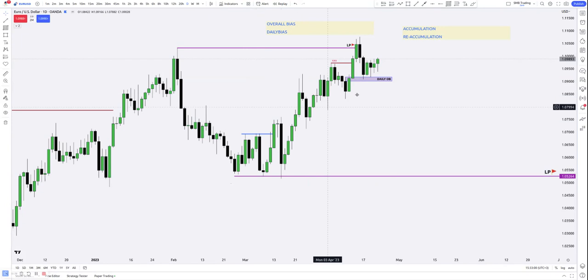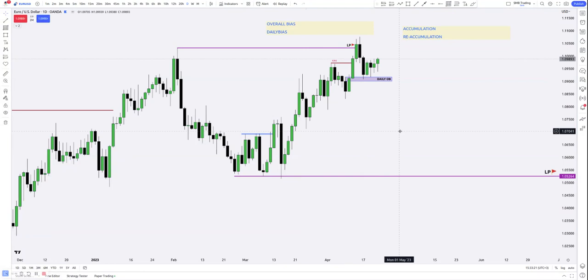Price goes up, and then after putting in a high, price comes back down. In this movement down here, they're accumulating more orders, and that is what I call reaccumulation. So they are still stacking more buy orders.